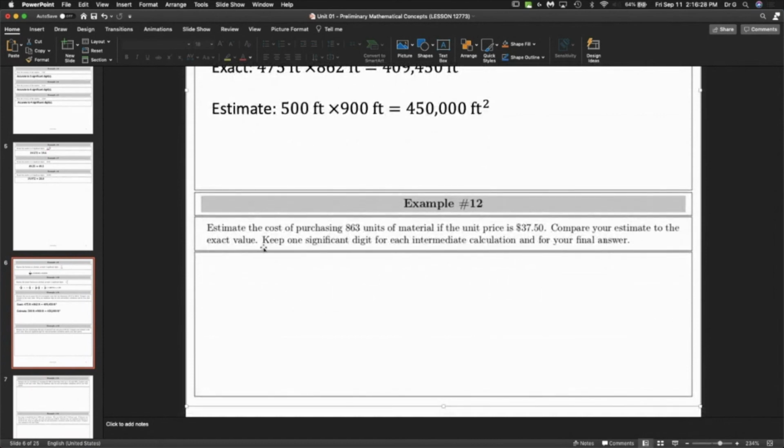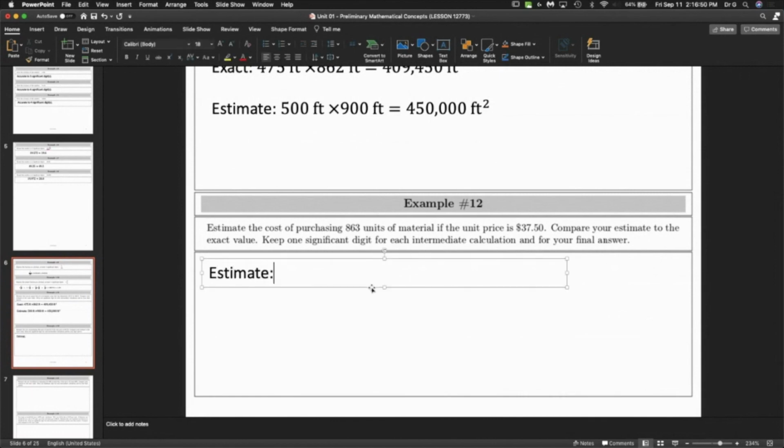Here's another situation. As a manager, you're sitting in your office and you realize, oh shoot, I have to order 863 units of material at $37.50. That is beautiful, Victor. That's exactly what you want to do. You want to find an answer quick.